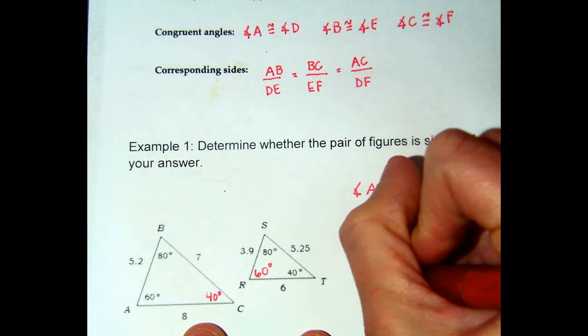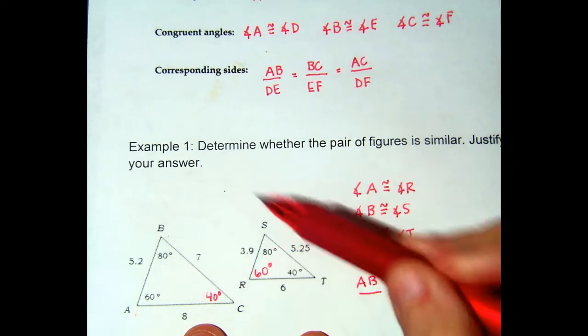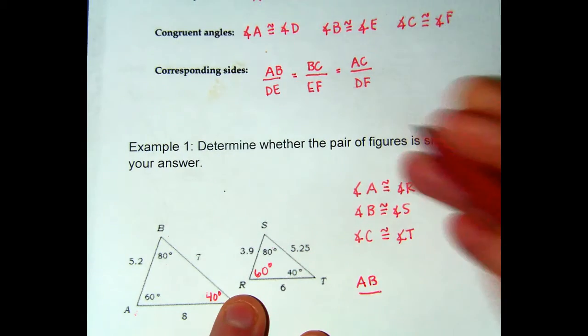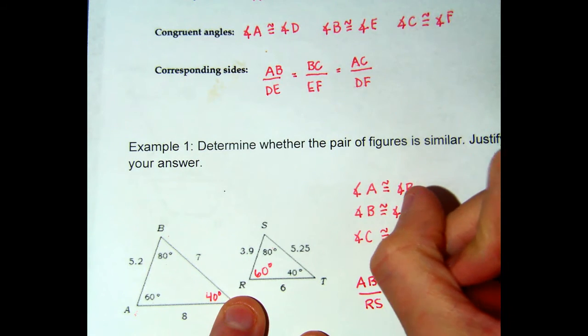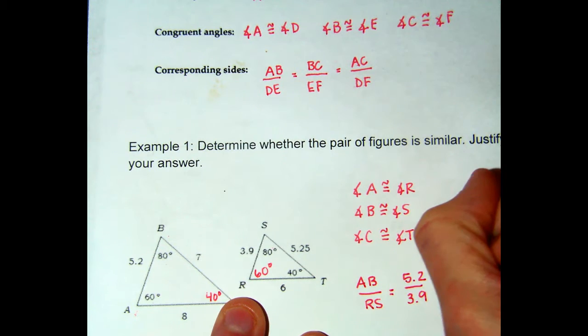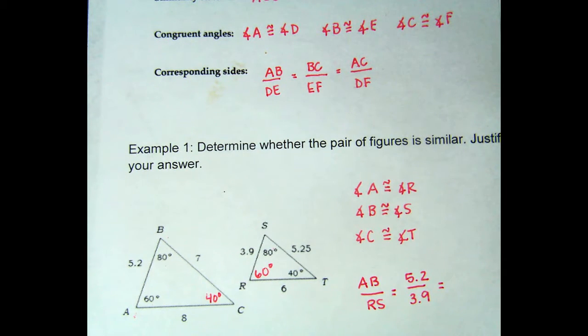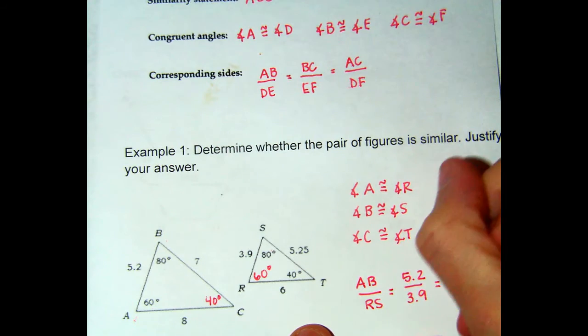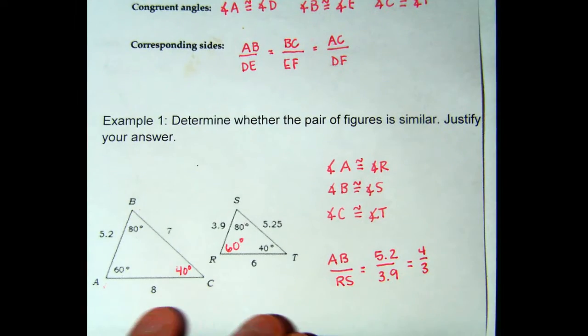So we're going to compare AB to RS, 60 to 80. We're going to see what that is. 5.2 over 3.9. And we're going to reduce that fraction so that we have either an improper fraction or a decimal. It doesn't matter as long as we get something that will be the same. So 5.2 and 3.9. I get 4/3. If this is the same for all the sides, I do have similar figures. We've got to keep looking.